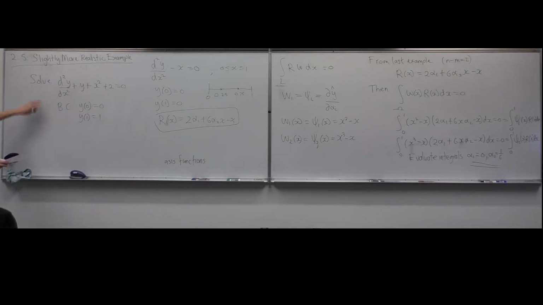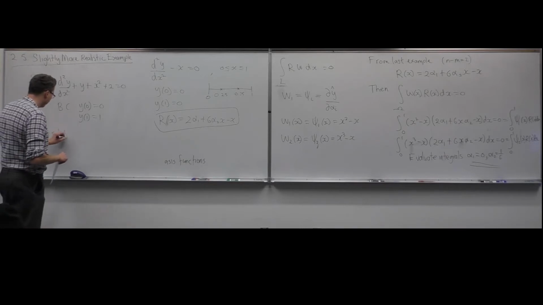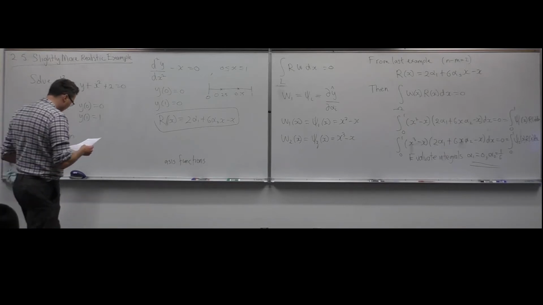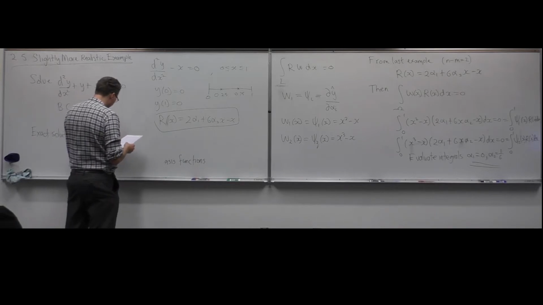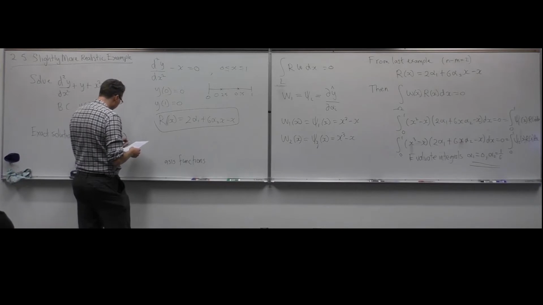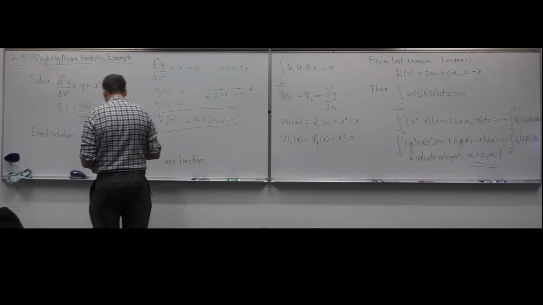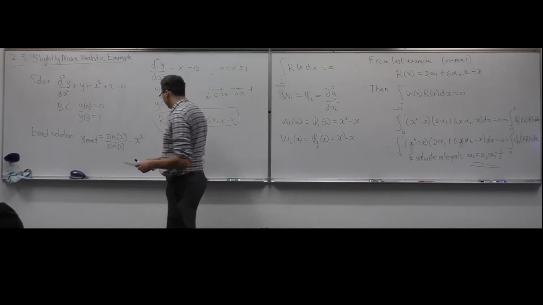So we'll use the 3 different weighted residual approaches to solve this equation. This has an exact solution, which we can use to check the answer. The exact solution is sine x divided by sine 1 minus x squared. And you can check that by substituting this into the differential equation.